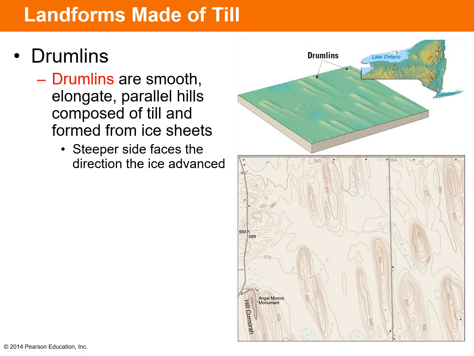And the steeper side of the drumlin faces the direction that the ice advanced, and the shallower side of the drumlin faces the side the ice was coming from. And there's still some speculation on exactly how drumlins are formed, so this is a pretty active area of research in glacial geology if anyone is interested in reading some more about drumlins and going down that rabbit hole.